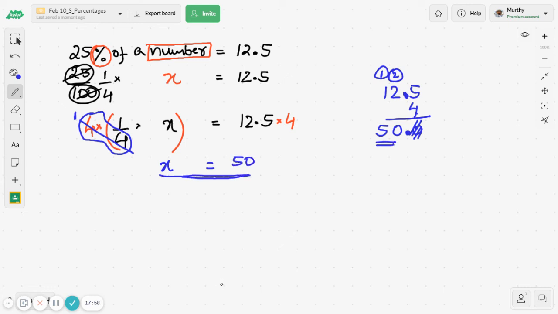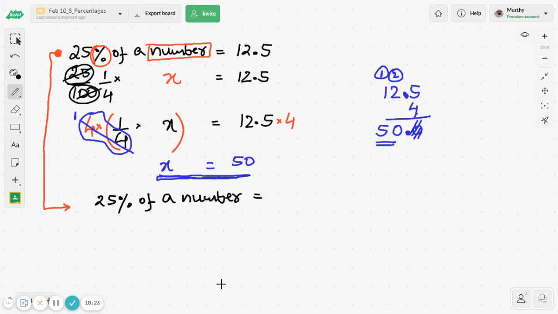Now, I still don't know whether the answer I got is correct or not. I'm not really sure. So what you can do is take the question: 25% of a number equals 12.5.